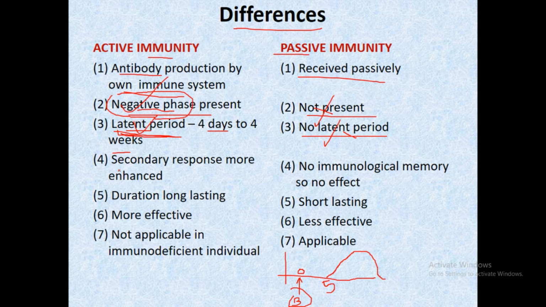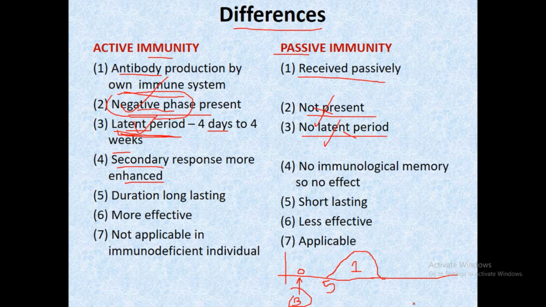Now the fourth point: secondary response is more enhanced. This is the first phase. For example, the first time bacteria attack, whatever immunity is generated is the first response.